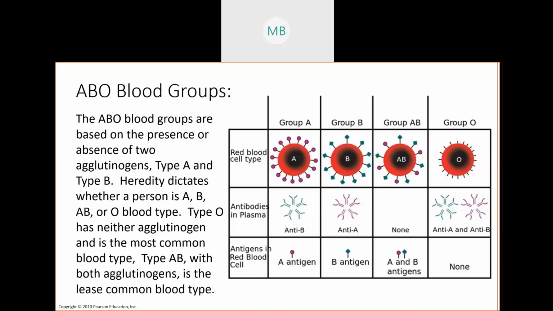If you are AB blood type and you need help, everybody can help you and you can get blood from anyone, A, B, or O. But if you are an O blood type and you need help, only other O individuals can donate to you and give you blood safely.